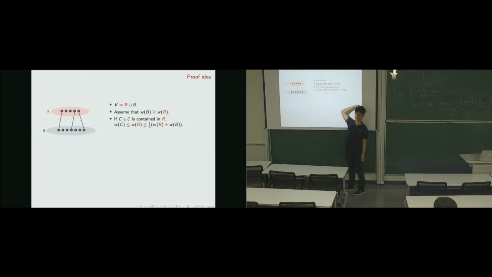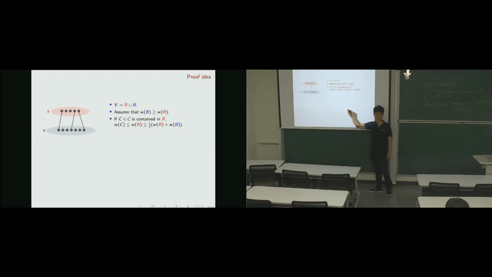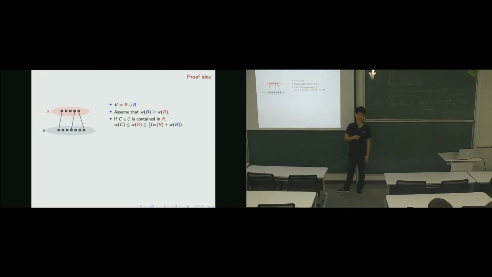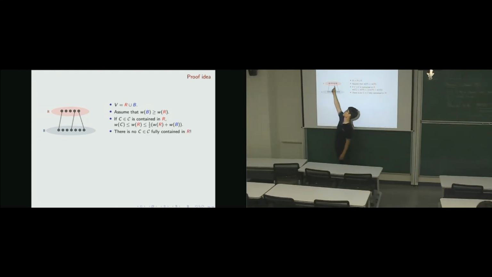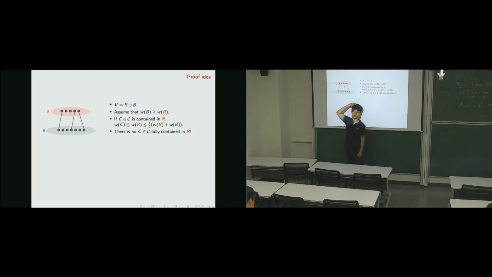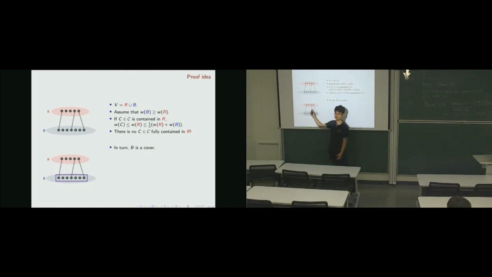But that's a contradiction, because I assume that my clutter is dense, so the weight of C must be strictly greater than half of the total weight sum. That just shows that no member is completely contained in this set R. So if you give me any member, it must have an element in this set B. That means that B is a cover.